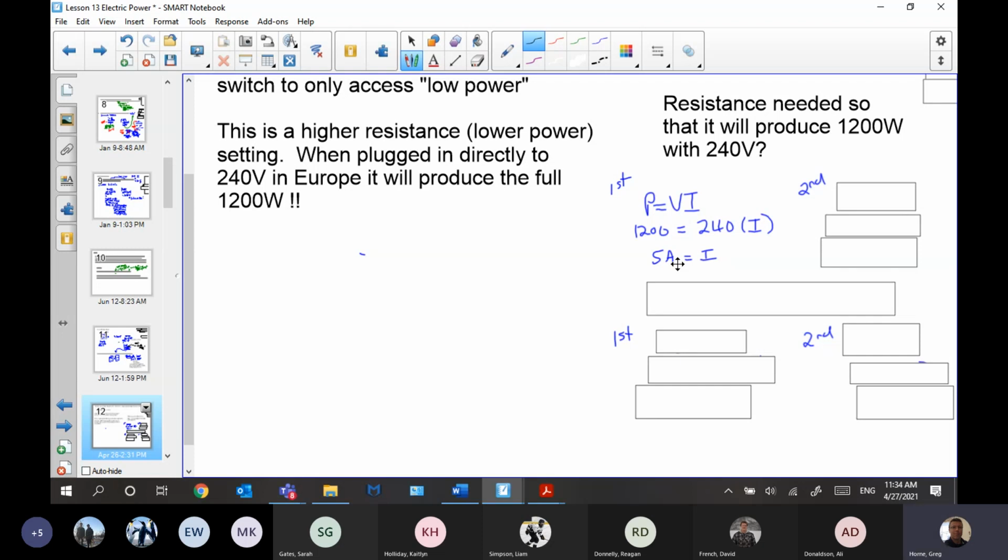right? So then if I want 5 amps, I can figure out how much resistance. I have 240 volts and I want 5 amps, so I can figure out what resistance. If you made the resistance 48 ohms, then the low power setting is more resistance than the regular setting.